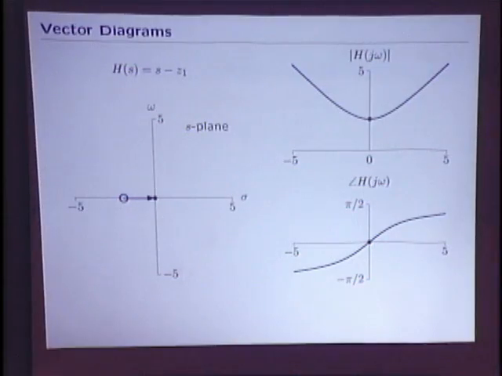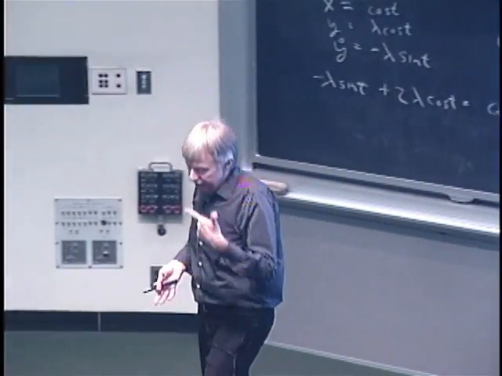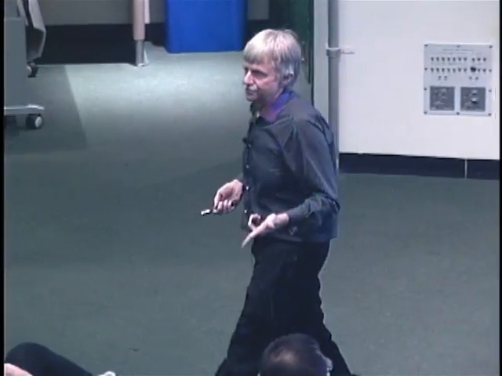Okay? So that leads to a very easy way of thinking about frequency responses in terms of pole zero diagrams. The idea is, if the system can be represented by a linear differential equation with constant coefficients, then the system can be represented by a collection of poles and zeros, a handful of numbers.